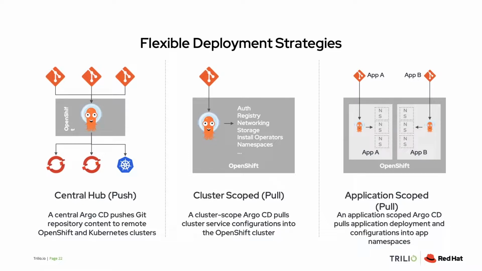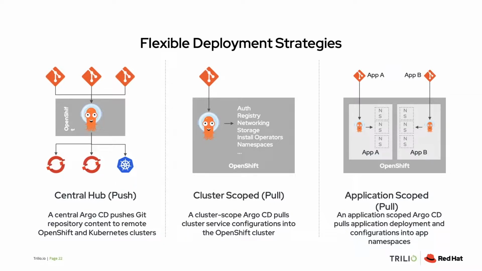You have a central hub and spoke kind of model where you have ArgoCD on a cluster, but it's also managing the deployments on multiple clusters spread across multiple environments, right? And so ArgoCD can take in multiple repositories and make sure those repositories are deployed and in sync across multiple clusters.